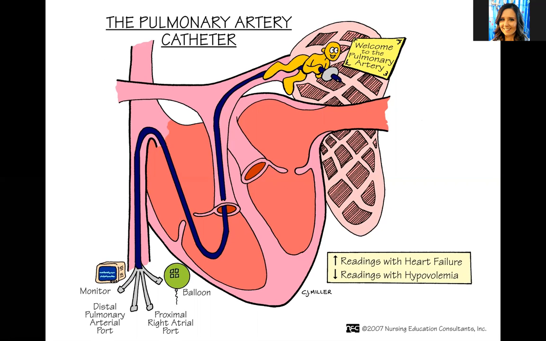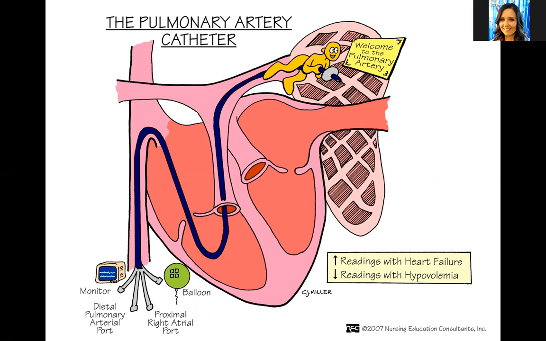If you look at our picture here, it's threaded through the inferior vena cava, so we might be going through the femoral, going up through the inferior vena cava into the right atrium, through, what's that valve on the right side? The tricuspid. Remember, tricuspid R has an R in it, so right-sided. So through the tricuspid valve into the right ventricle, through, what's our next valve?